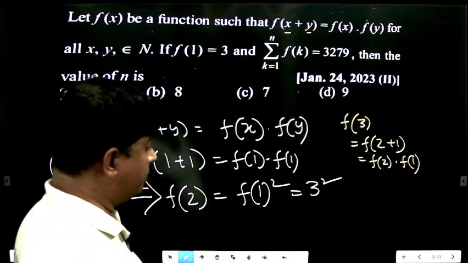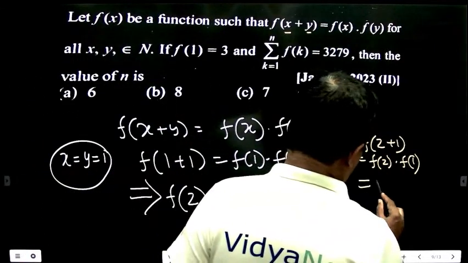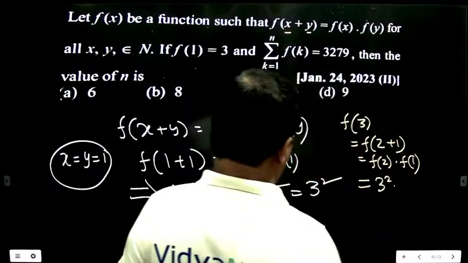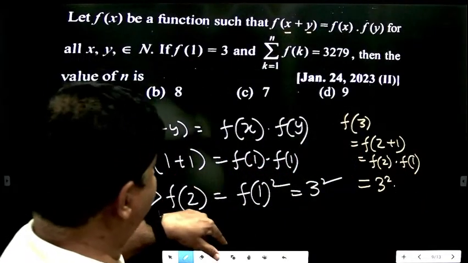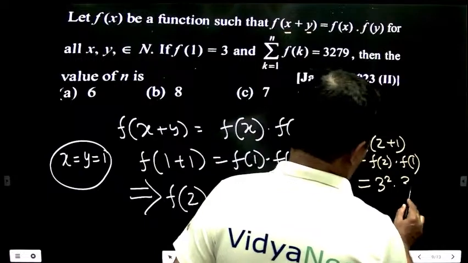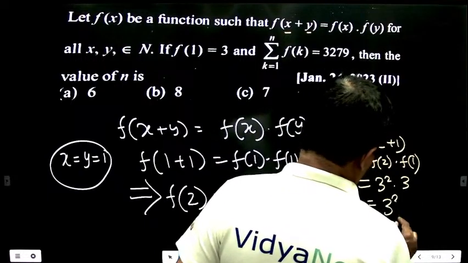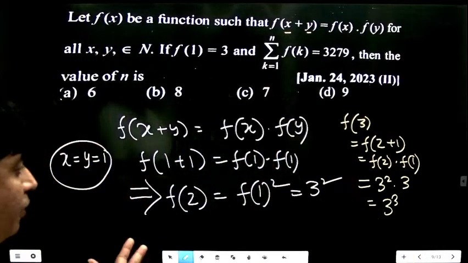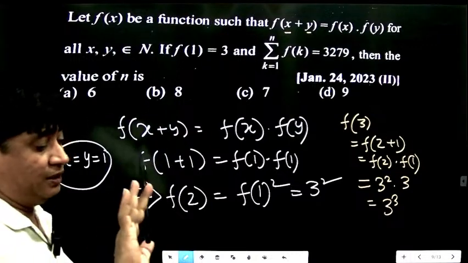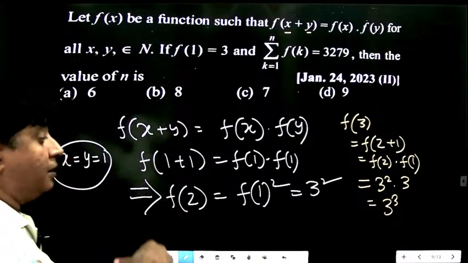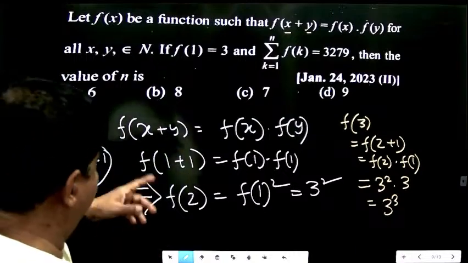What is f2? 3 square. What is f1? 3. So 3 cube.